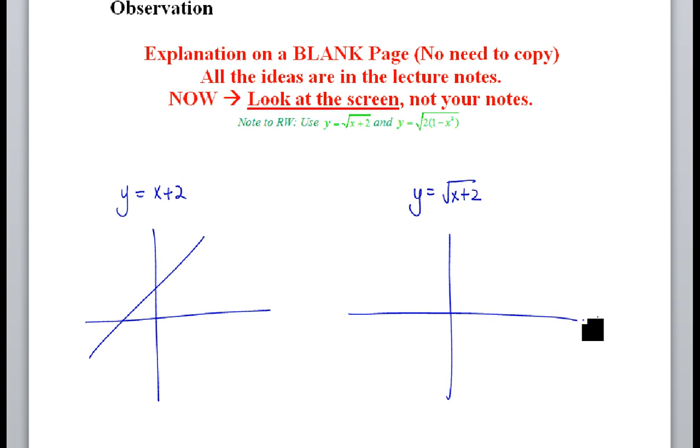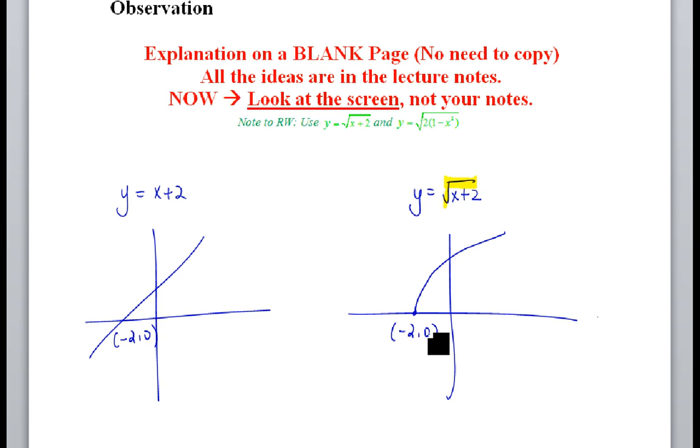And we all know that in order to deduce the square root function, I am going to take the square root of all the y coordinates. So this is negative 2, 0. I am going to put negative 2, 0, and then it looks like that.